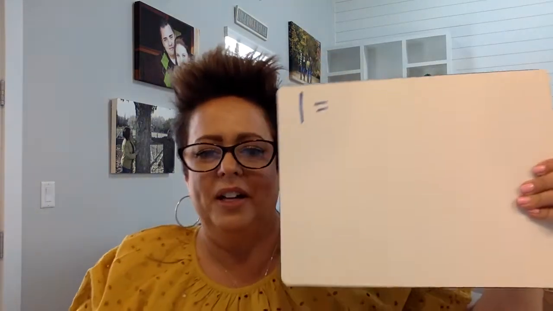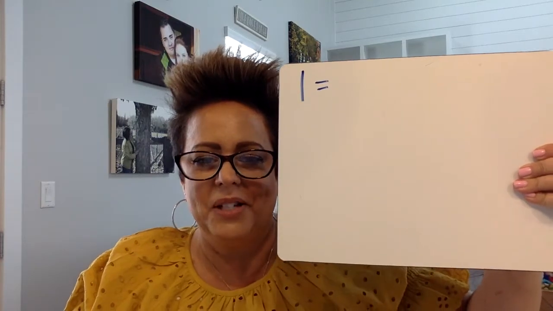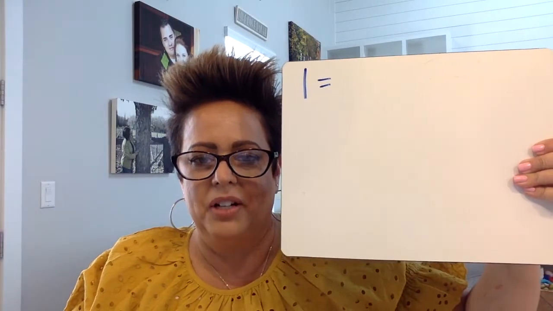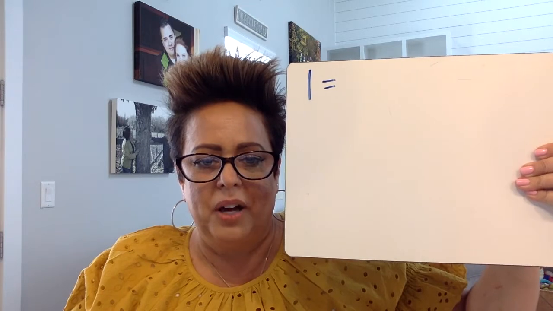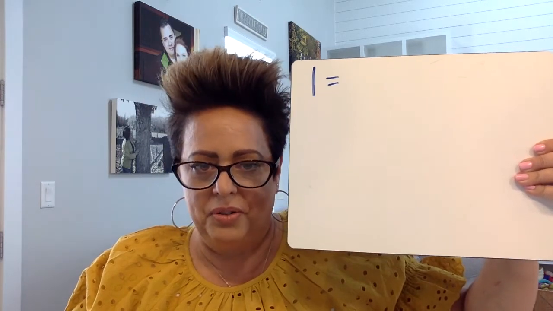So when we want to show the number 1 with our 10 groups and our ones, how will I show the number 1? I want you to write the number 1. And then we're going to use the equal sign today because we're going to show that the number 1 and objects to show that number are the same. They are equal.